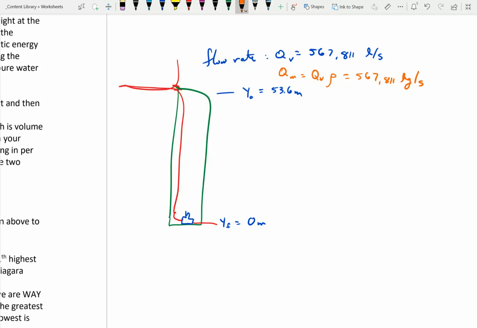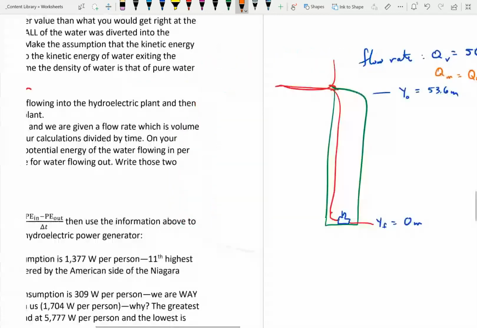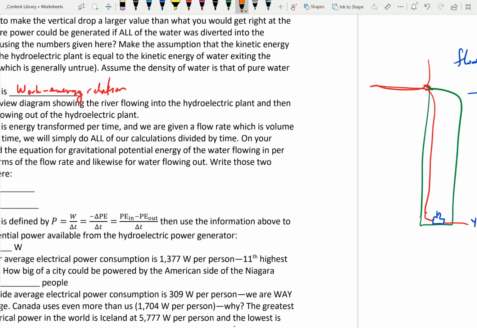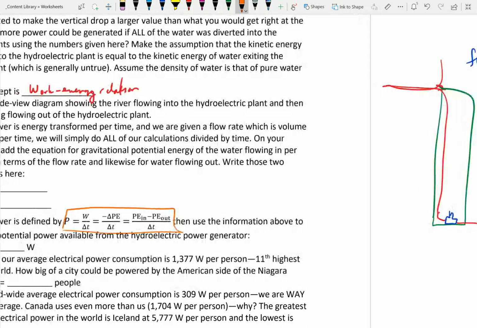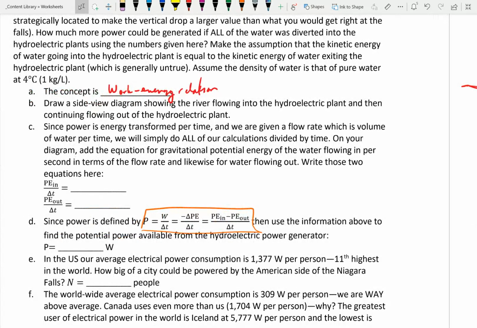So there's our picture. Since power is energy transformed per time, and we're given a flow rate, which is volume of water per time, which we now have converted to mass per time, we do all our calculations by dividing by time. So we're actually going to take that work-energy relation, and we're just going to divide everything by time.